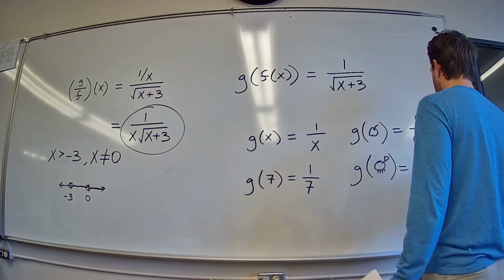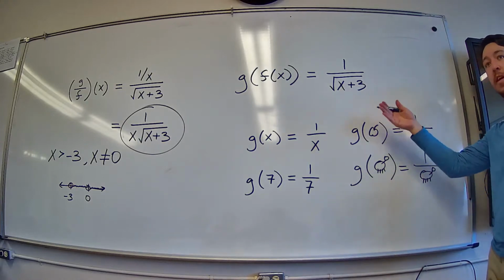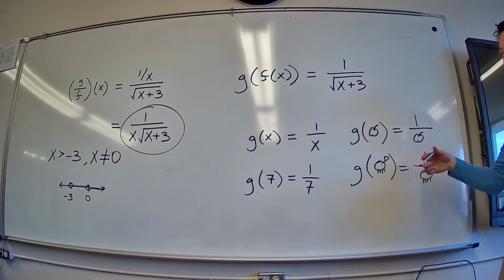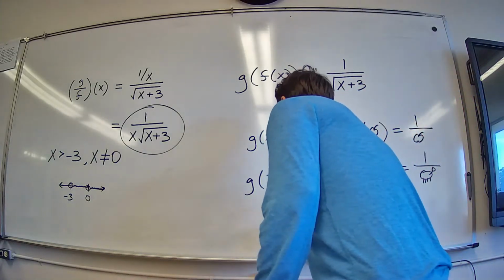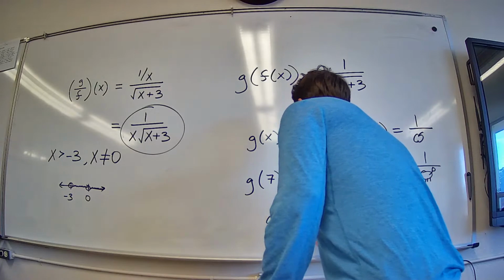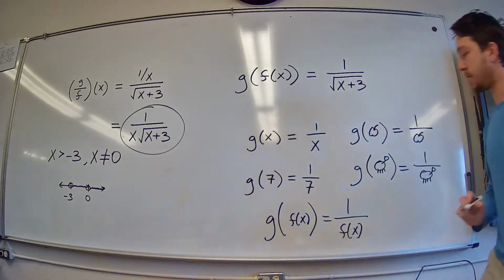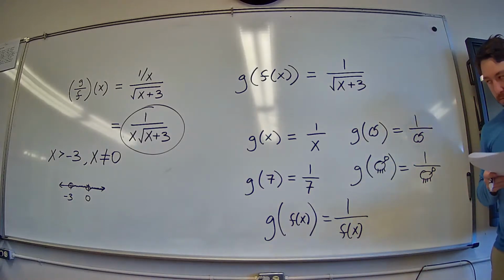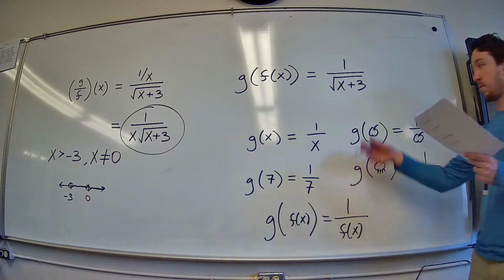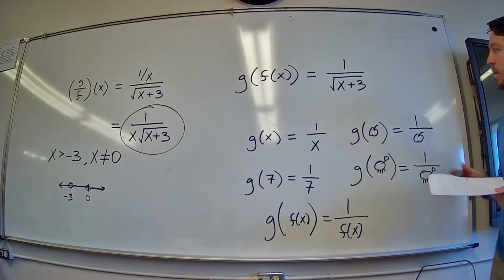So the idea is that g of a thing is just 1 divided by that thing. So what's g of f of x then? g of f of x would be 1 divided by f of x. Same idea. Then what's f of x? f of x is the square root of x plus 3. And so, there you go.